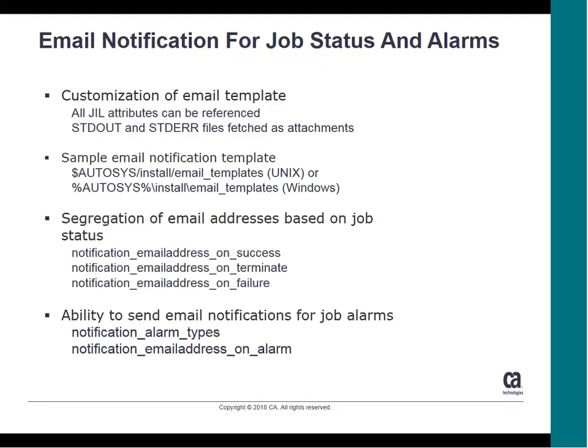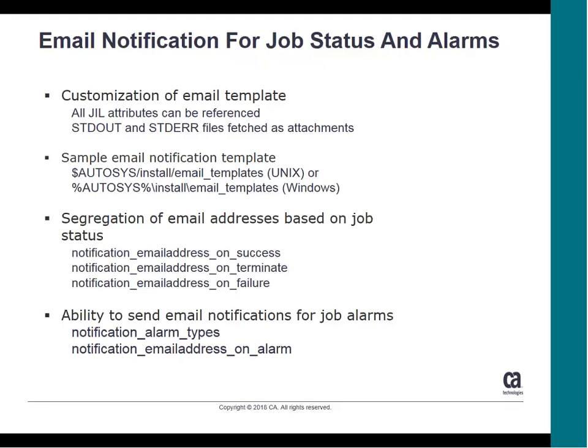This attribute accepts multiple email addresses in the same format as notification email address used to take. Notification email address can still be used in combination with these attributes. However, it implies a common email address list, and whatever address has been specified there will be sent irrespective of the status of the job.